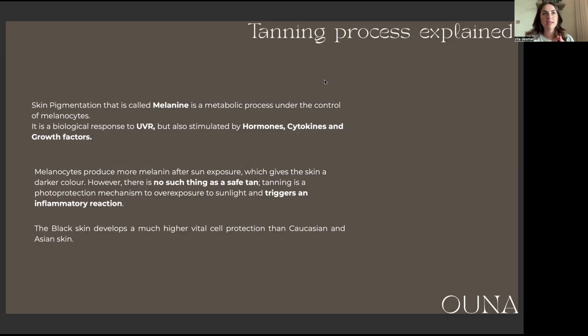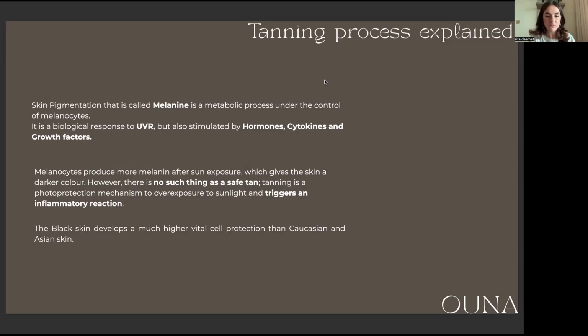However, like I said as well, it's a metabolic process. When that process starts, it's because a trigger has occurred. So there's no such thing as a safe tan, as it still means that your skin had an inflammation response or an inflammation trigger happening.